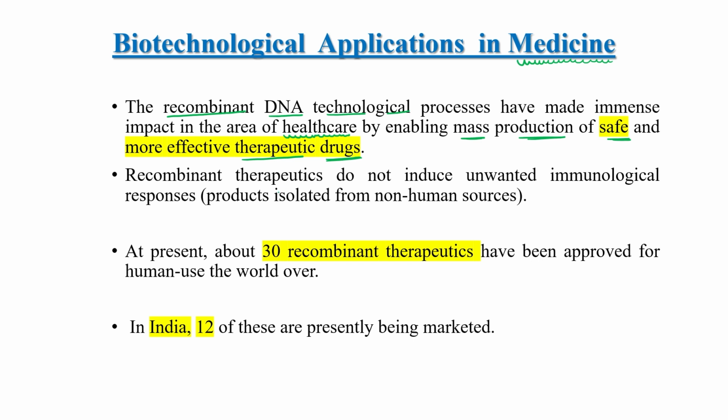Okay, so these recombinant therapeutics do not induce any unwanted immunological response. Although they are isolated from various other sources, means bacteria, yeast, or other kinds of source, still because of the technology, scientists nowadays are able to conclude whether a particular drug is safe or not.